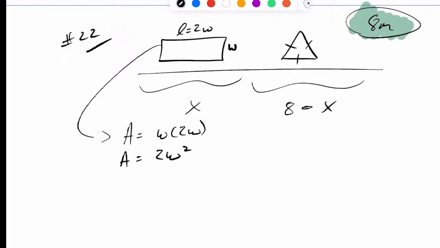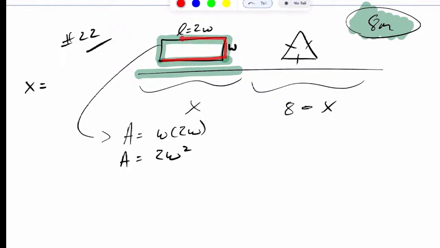But the thing here is the total perimeter I have to use here is the distance around this object, which is equal to the distance from here to here, which is x. So I know that the total perimeter around is x in length, and I know this is w and this is w here, and I have a 2w, 2w. So you're going to end up having 4, 5, 6w.